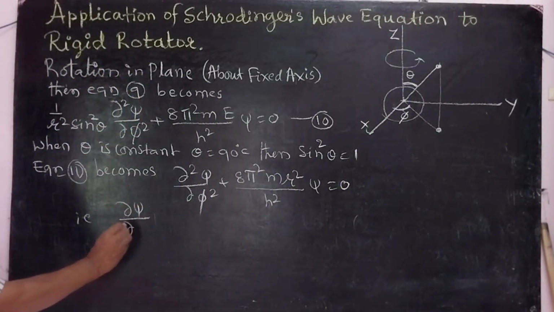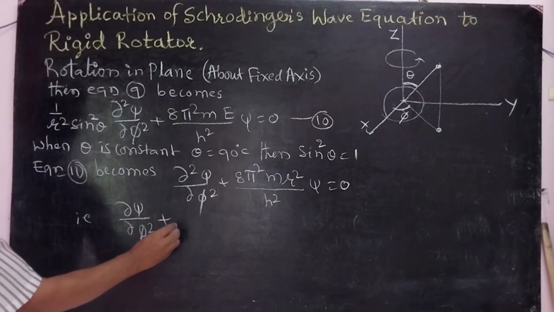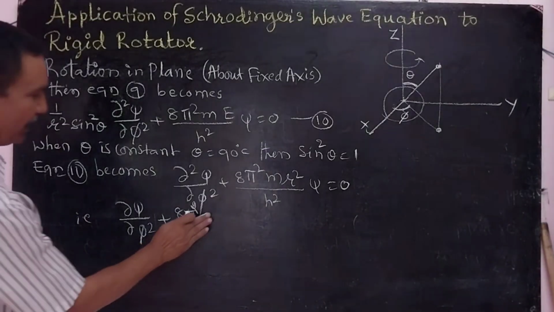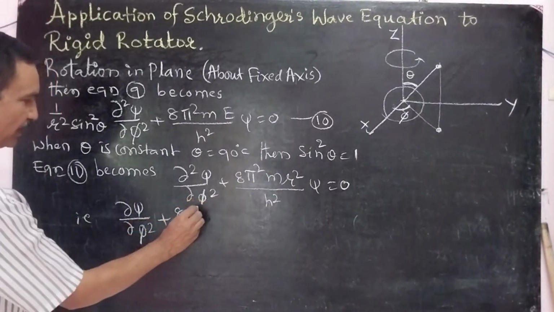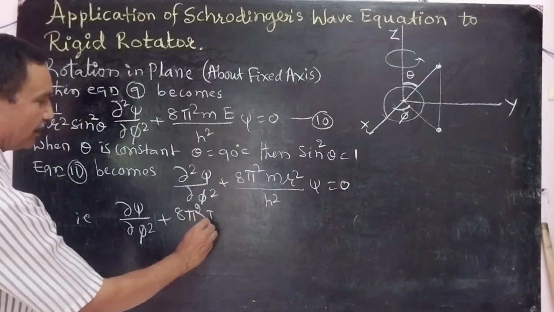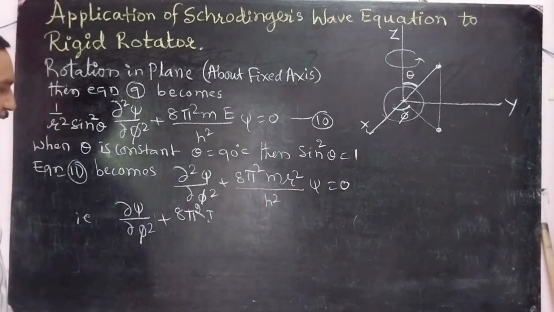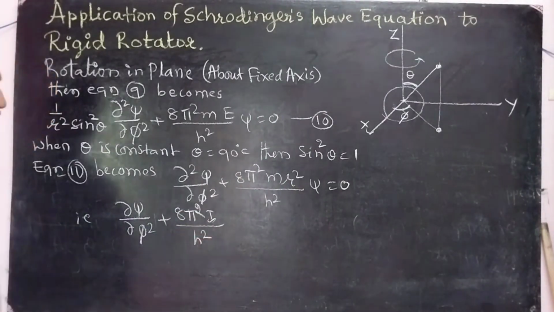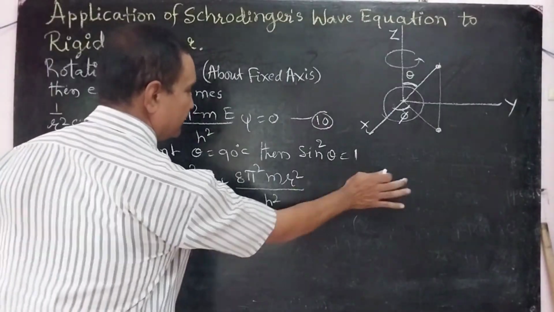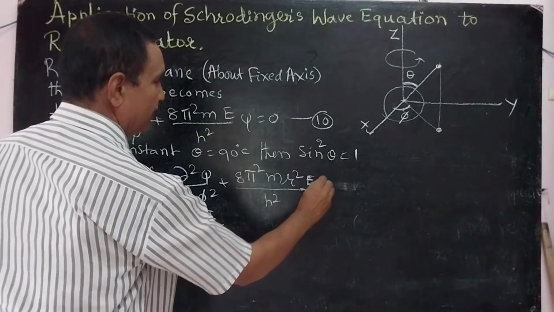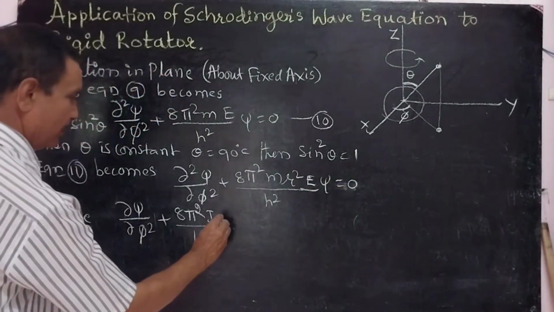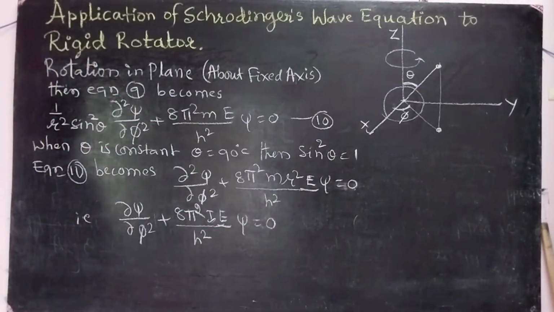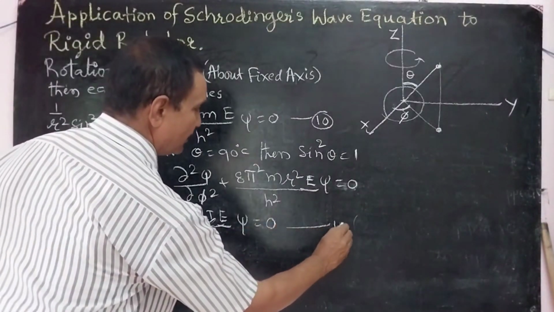That is, dou square psi divided by dou phi square plus 8 pi square I, we may substitute m r square equal to I, divided by h square, and E is there, E psi equal to 0. So this is equation 11.